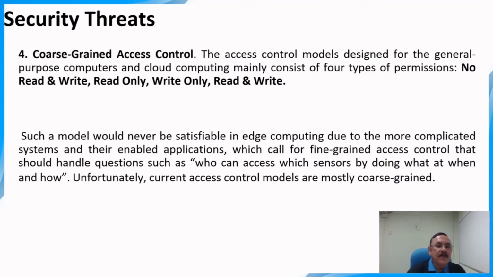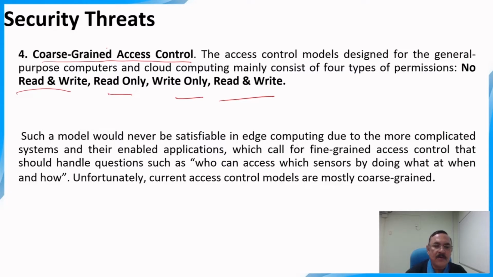Finally, there is the coarse grained access control system being implemented in edge computing. Access control models designed for general purpose computers and cloud computing mainly consist of 4 types of permissions: no read write, read only, write only, read and write.